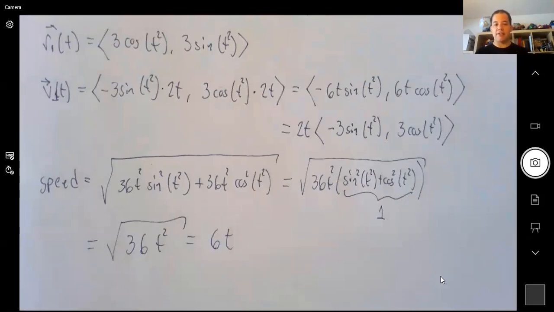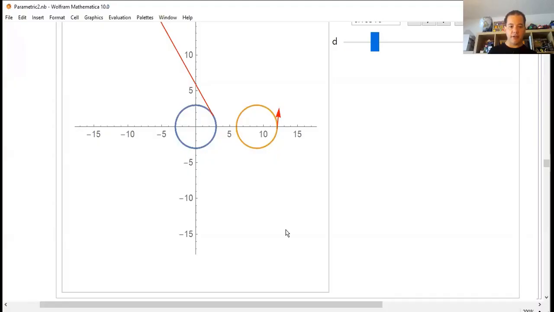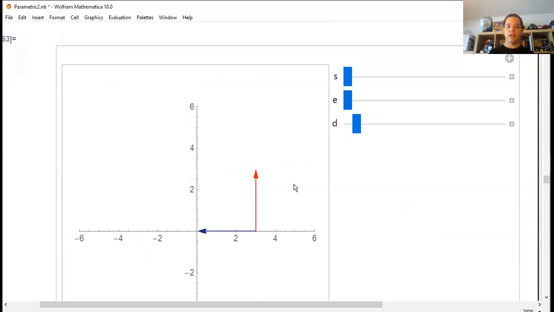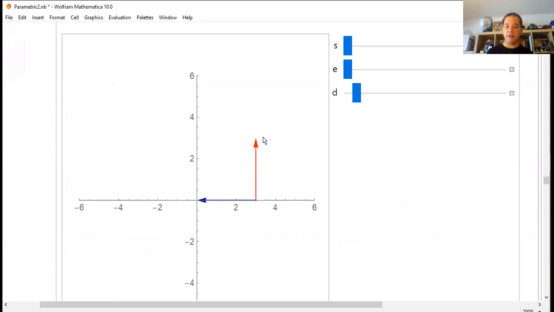Okay? Is that clear? Okay, and I think I have one more to show you where we also look at the acceleration. Let's see. I have it right here. Yes, so this is back to the original one, and this time you will also see the acceleration. So this time the red one is the velocity and the blue one is the acceleration.